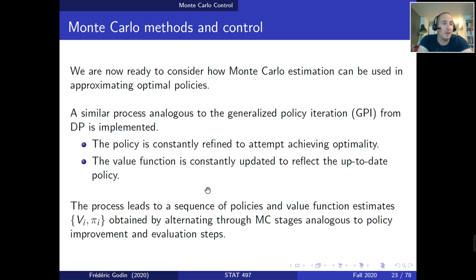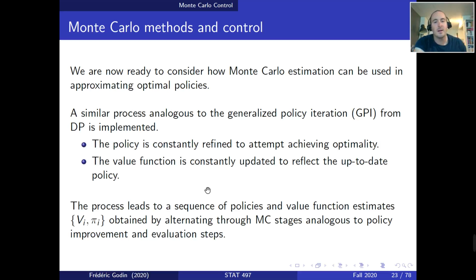The idea we're going to follow here is similar to what we discussed in chapter 4, in the sense that we're going to have some form of generalized policy iteration procedure. As in the GPI from chapter 4, we're going to constantly try to refine our policy, and every time we refine our policy, we'll refine our estimate of the value function to better match the one of the current policy.